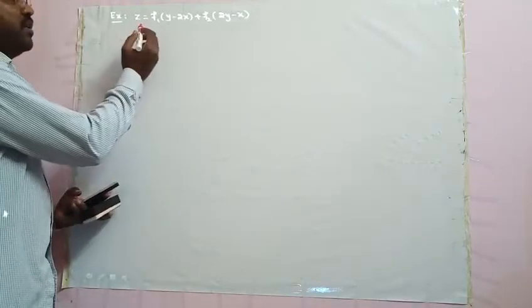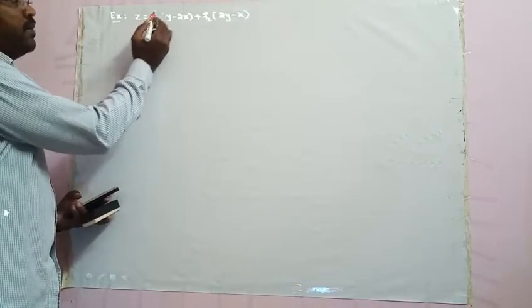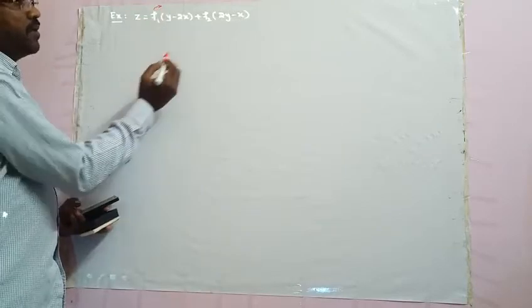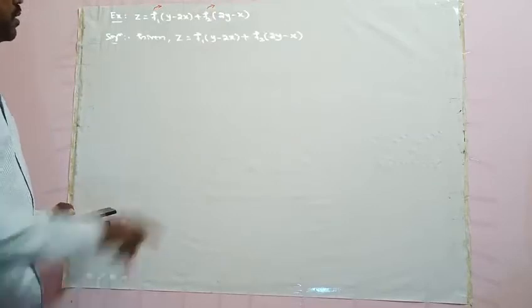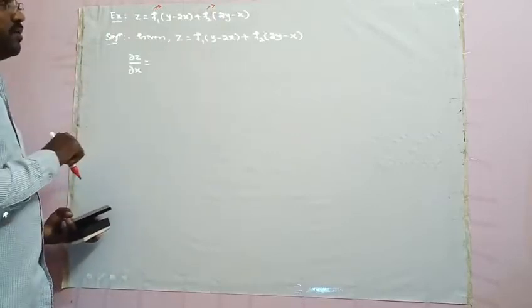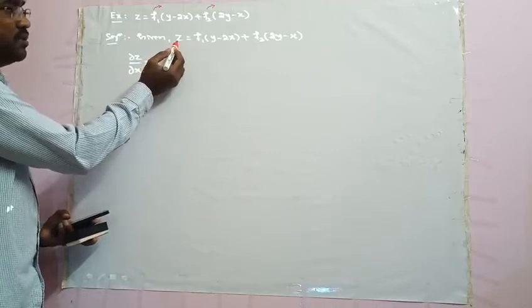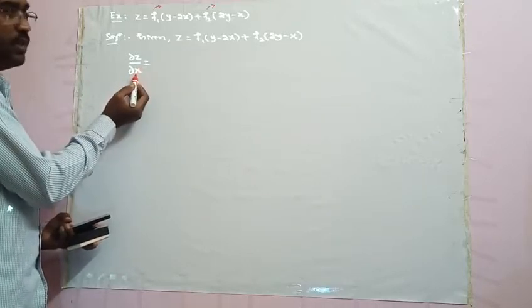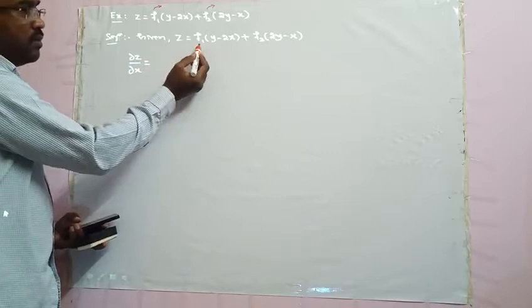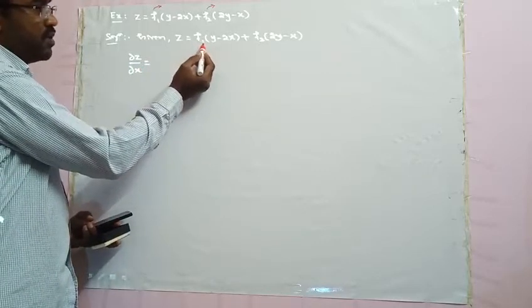Let us find the PDE by eliminating the arbitrary functions f1 and f2. Take the given function z as here. Differentiate z with respect to x partially. Here, what is the differentiation of f1?